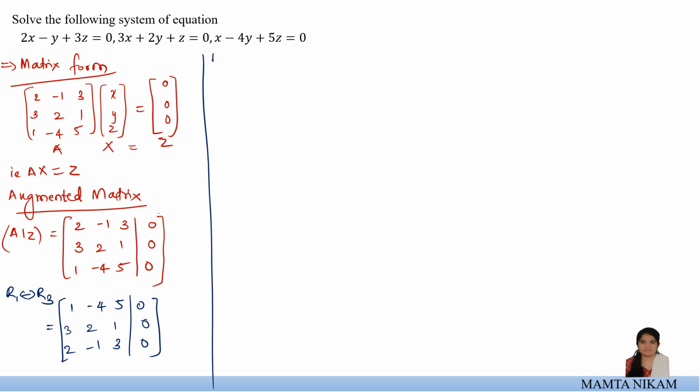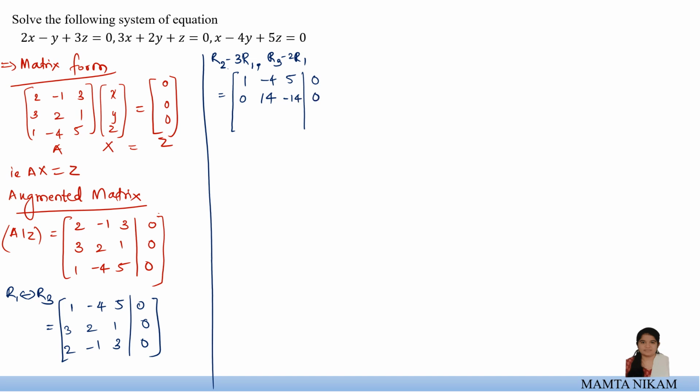Further now, we can perform the transformation R2 minus 3 R1 and simultaneously R3 minus 2 R1. So this is going to be 1 minus 4 5, 0, 3 minus 3 0, then 2 minus 12 minus ये होगा 2, and this is minus minus plus 12, so that is 14, then 1 minus 15, that is minus 14, and this all will remain 0.